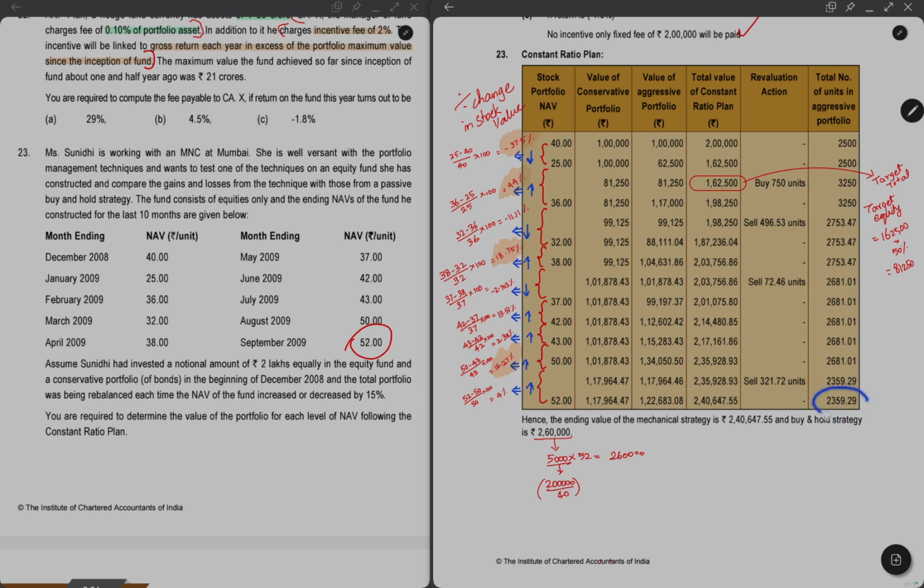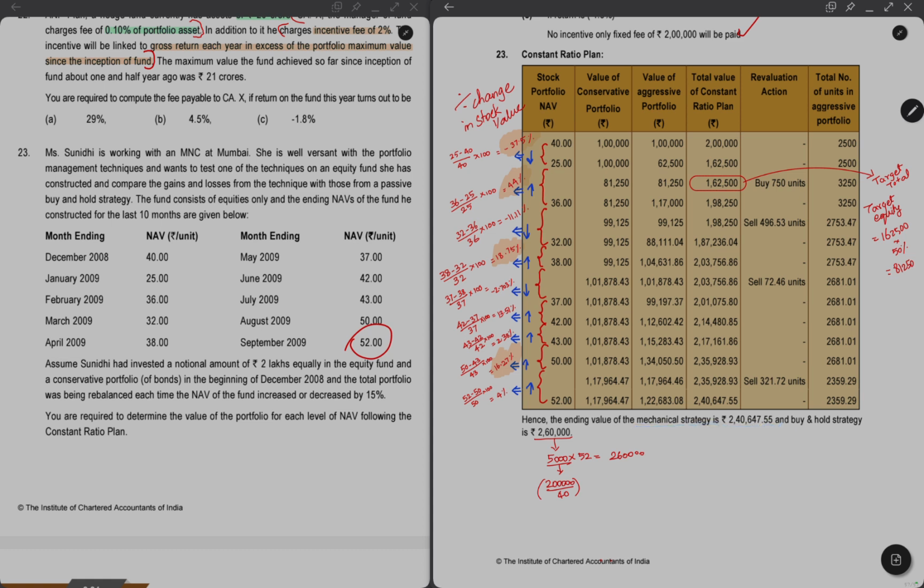So the final closing balance is 2,359 units, and the equity portion of the fund is 1,22,683, and the bonds have to be maintained at 1,17,964, totaling up to 2,40,647.55. This is the mechanical strategy which Sunidhi is following.